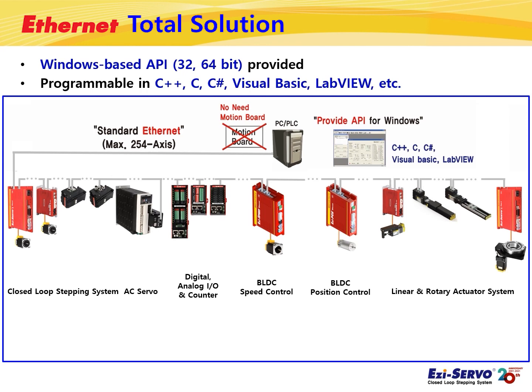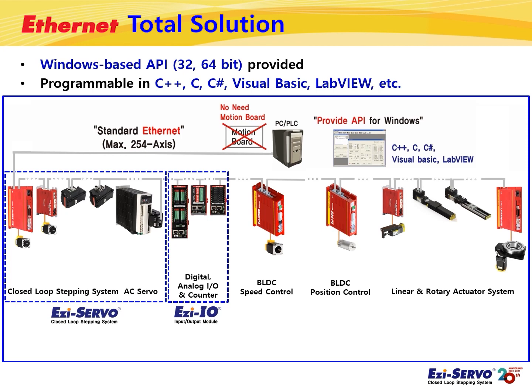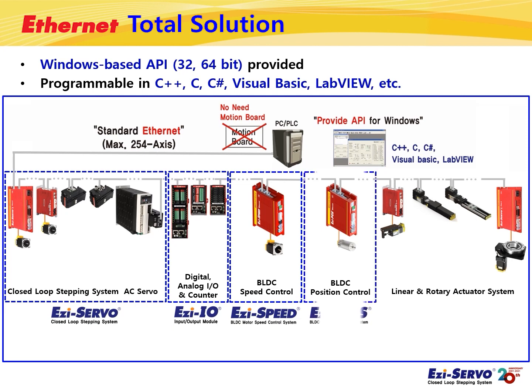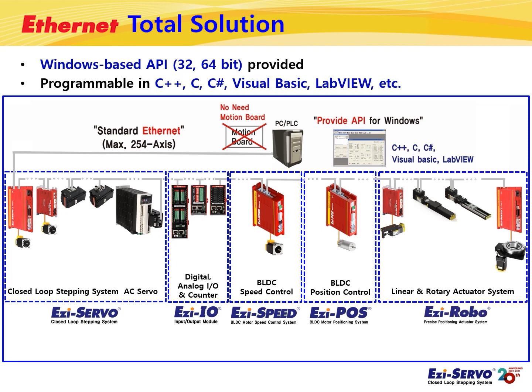Ethernet products of FASTECH, including Ezi-SERVO 2 Plus E, a closed-loop stepping system product, Ezi-MOTIONLINK Plus E, a 1-axis motion controller for AC servo drive, Ezi-IO Ethernet DIO, a digital I/O module, Ezi-IO Ethernet AD and DA, an analog I/O module, Ezi-IO Ethernet CNT, a high-speed counter module, Ezi-SPEED Ethernet, a BLDC motor speed control system product, Ezi-POS Ethernet, a BLDC motor positioning system product, and Ezi-ROBO, a linear and rotary actuator system product.